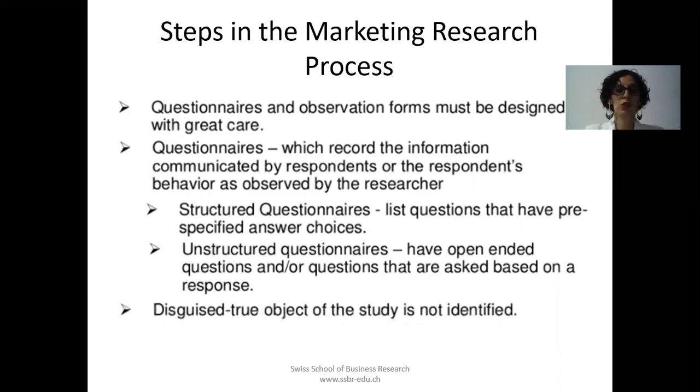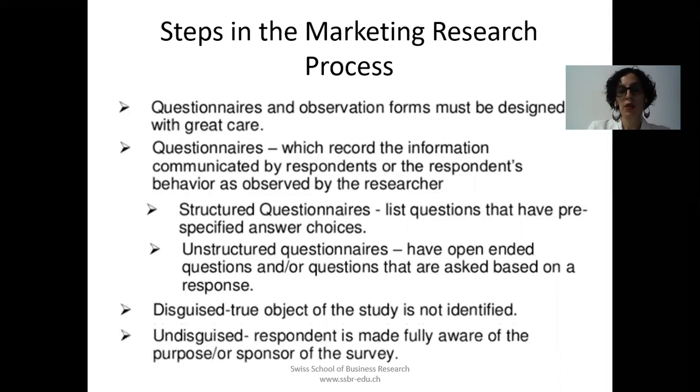And then there are also 2 different ways of approaching the research. One is disguised, where the person who is responding doesn't know the object of the study. So in my case, they wouldn't know that Laura Perez is launching a phone in South Africa. But there's also the undisguised version, where the respondent is fully aware of exactly what study is being carried out.